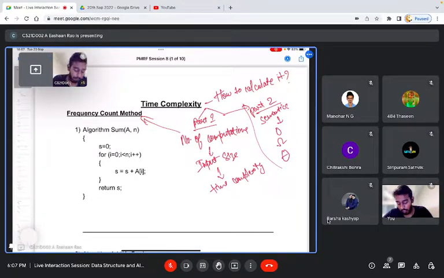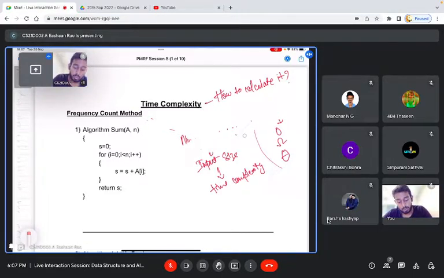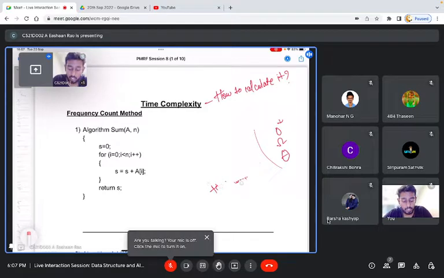Let me start with the first question. Why is time complexity needed, and why is it an important matter specifically in an algorithm?